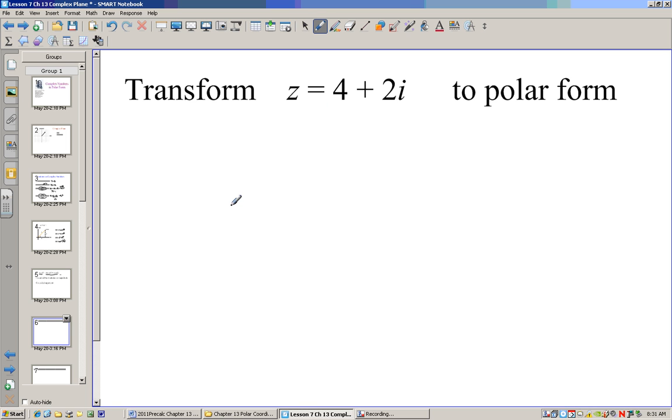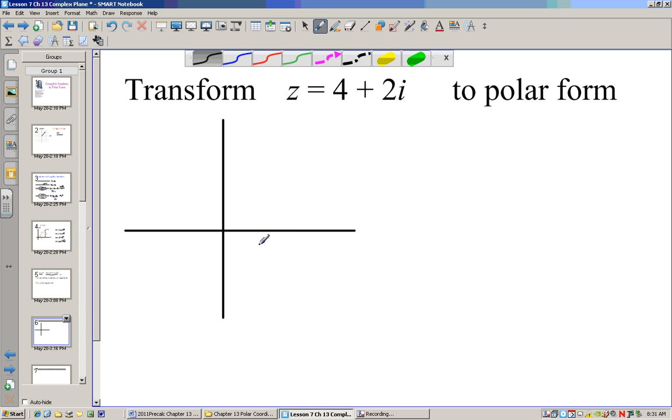So let's transform 4 plus 2i into polar form. So let's look at this for a second. If I go 4 to the right and 2 up, we want to find this distance and that value there.